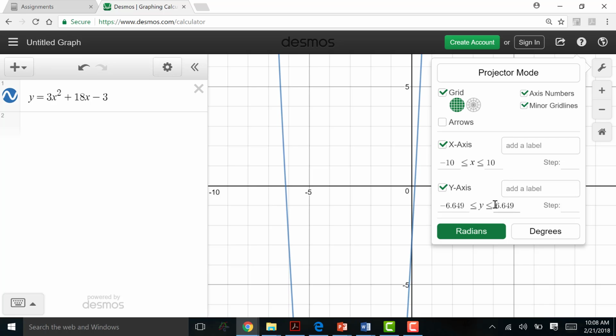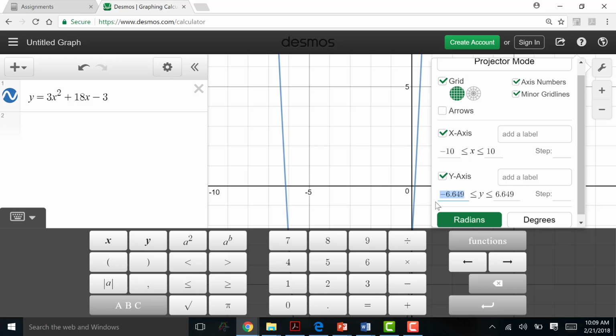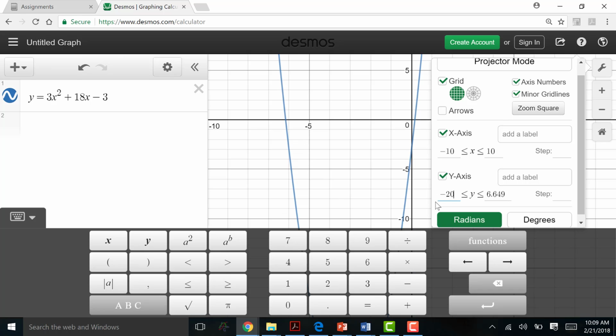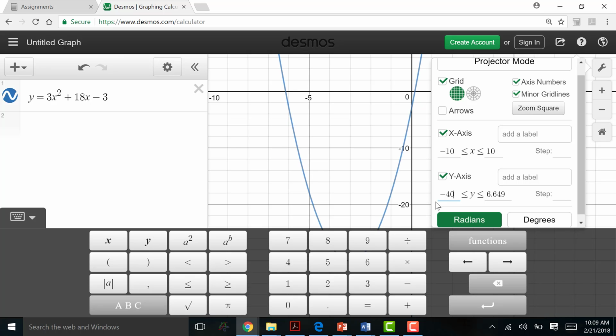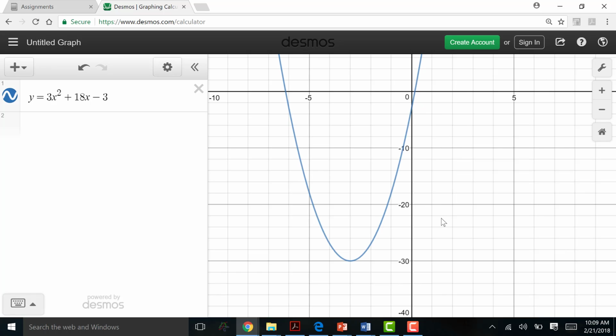My top number is okay. It's this number. It's not down far enough. So I'm going to go negative 20. Does that let me see it? If still not enough, then I'm going to go negative 40. Now can I see my point? Yeah. Let's erase this so we can actually see it on the screen.